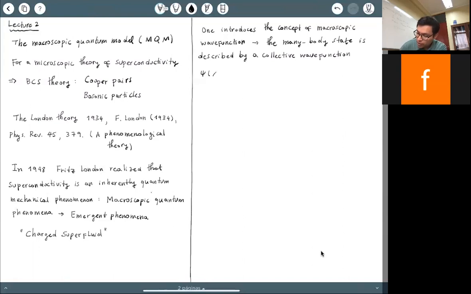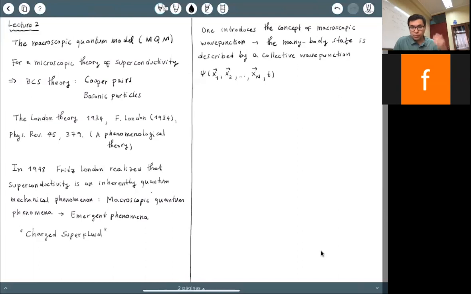In this wave function, x1 will be the position of the first Cooper pair. We have the position of a second Cooper pair, etc., until N. So we assume that we have N Cooper pairs in the ground state. And of course, here we introduce some time dependence into the wave function.